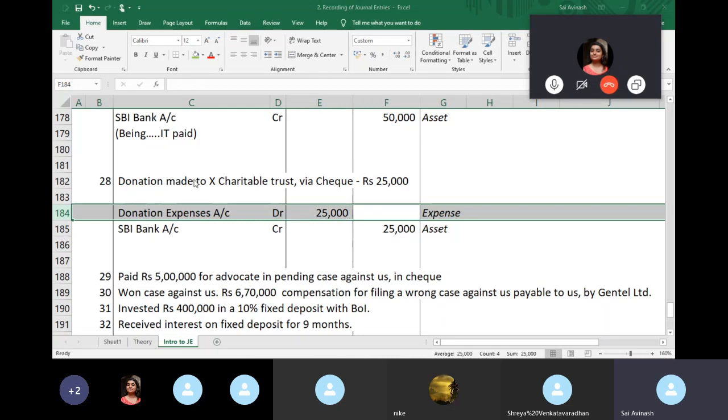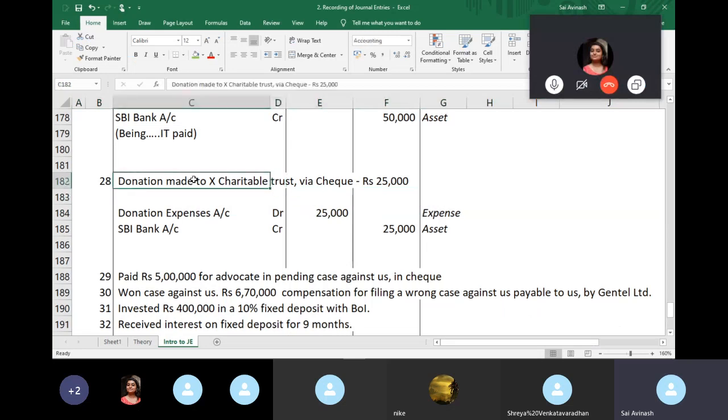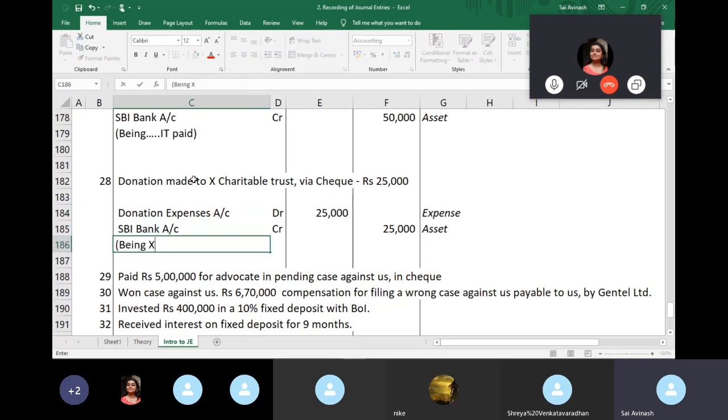Those of you who thought that there are three accounts involved might have been confused because there's X charitable trust, and why is that not an account? Why X charitable trust is not involved in this journal entry is that we are paying X charitable trust, which, if you want, you can mention in the narration: gave donation to X charitable trust.